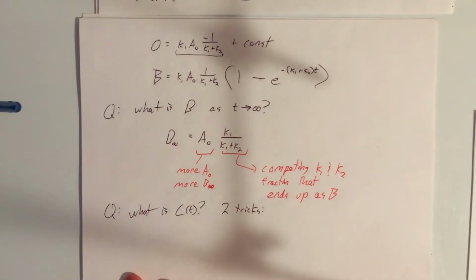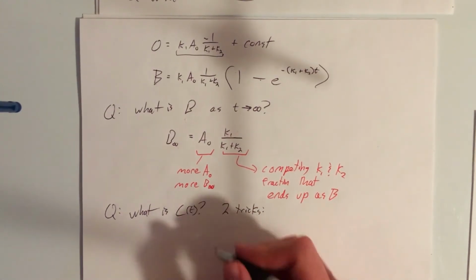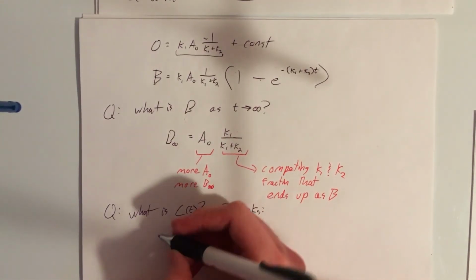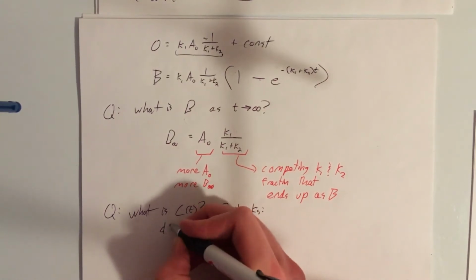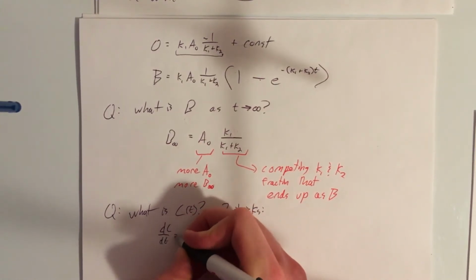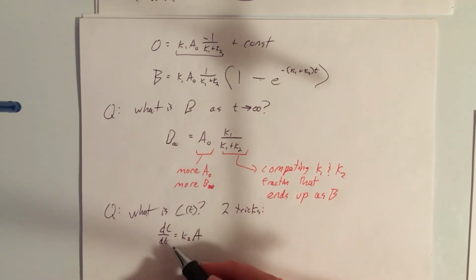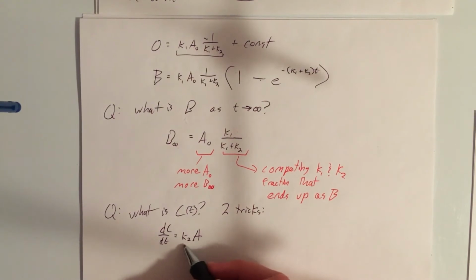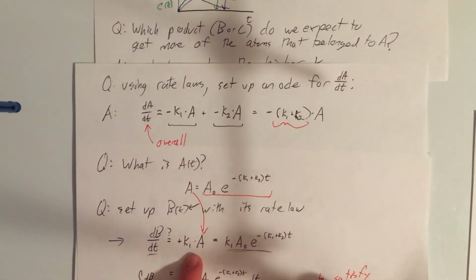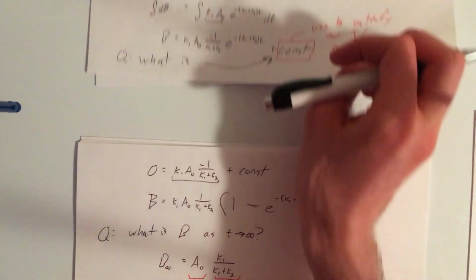So trick number one is thinking about it. If we were to set up the ODE for C, it would be dC dt is equal to plus K2 times A, because A is the reactant for C's reaction, only it has its own rate constant here. We can see that this is analogous to the dB dt that we had earlier, only a K2 instead of a K1.